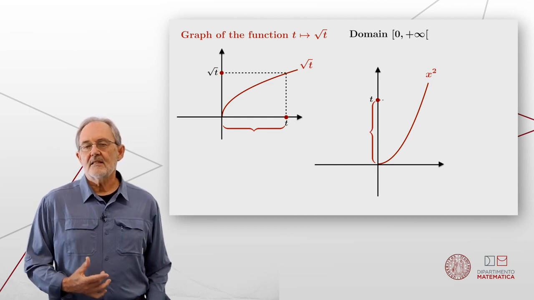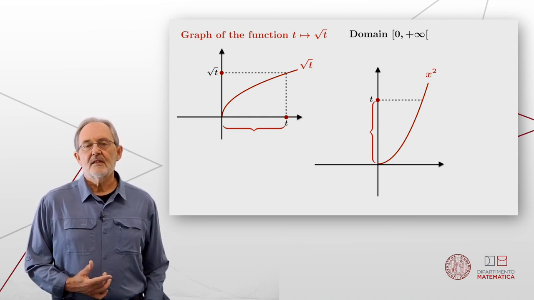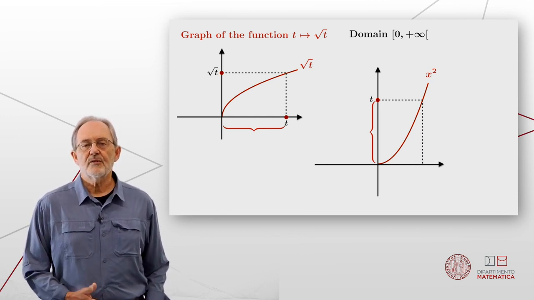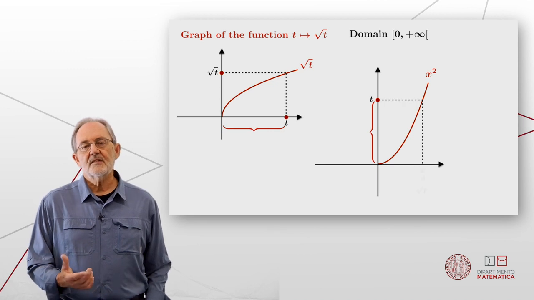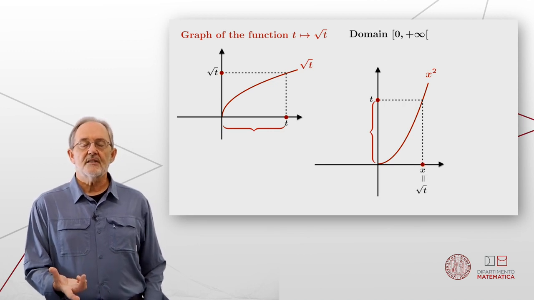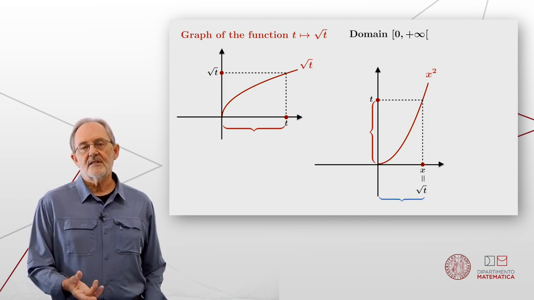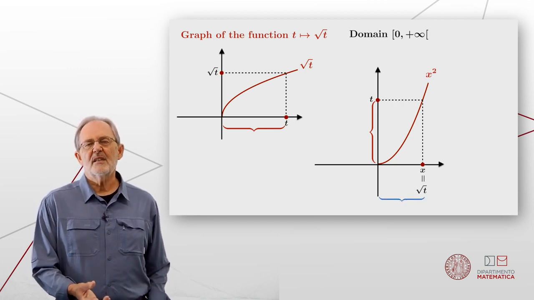What point does that determine on that graph? Answer, it corresponds to the value of x for which you get t, that is, x is the square root of t. And as you can see then, this horizontal distance on the graph of x squared corresponds to the vertical distance on the graph of root t.